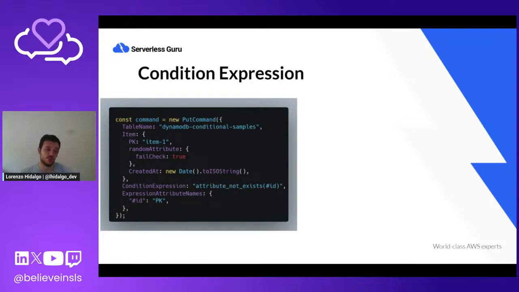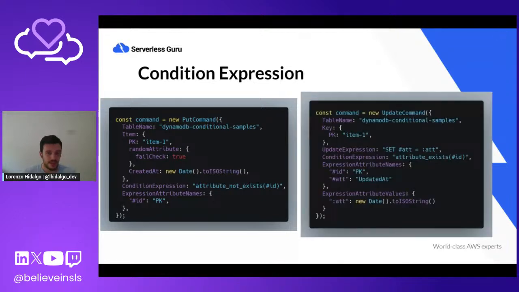It will see, oh, the attribute exists, so the put command won't be executed. Thanks to that, it will throw an error instead of just a success and leave it for downstream systems to find the issue. And very, very similar for the update command. In this example, we're doing it the other way around, with attribute_exists instead of attribute_not_exists.